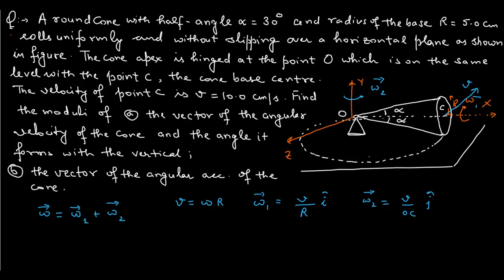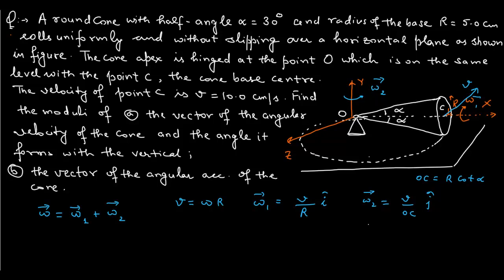Now from this geometry we can write that OC is equal to r cot alpha.